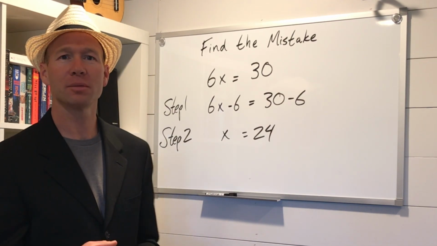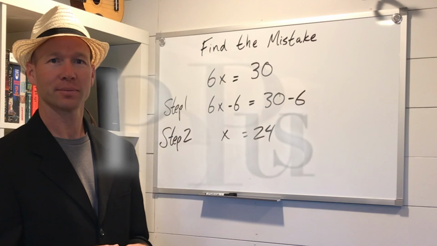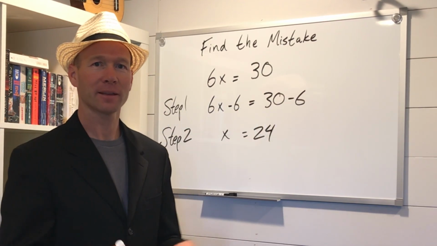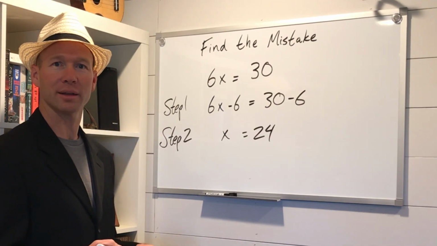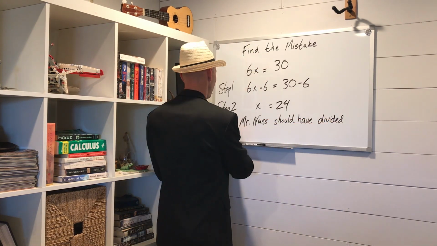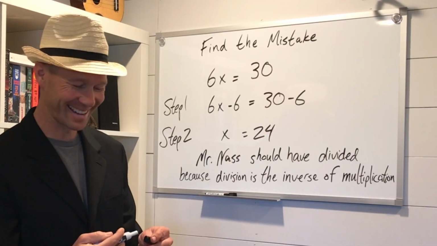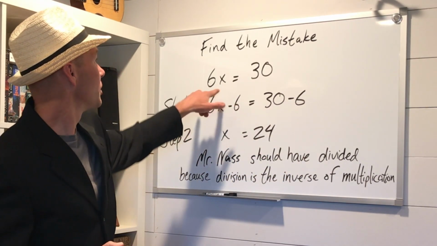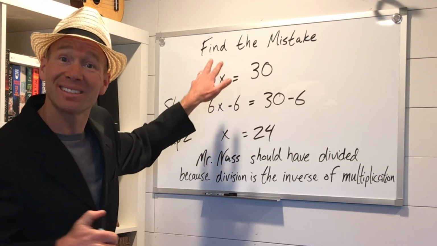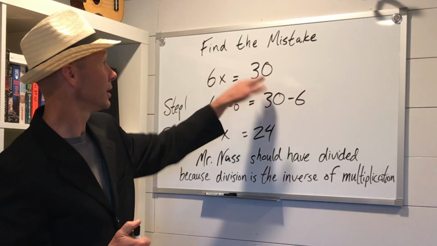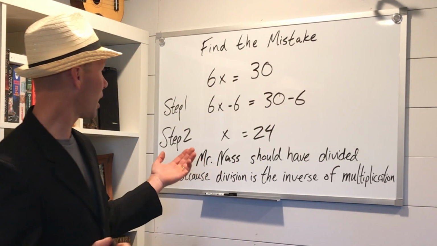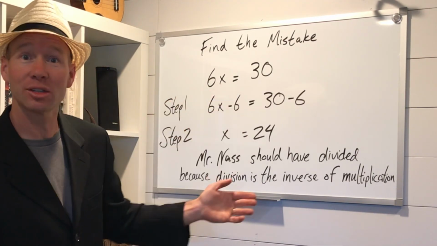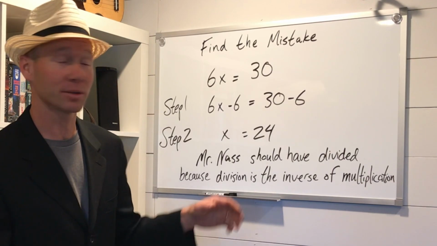What do you think my mistake was? Okay, so what was my mistake? What sentence did you write? Did you write something like that? That's right, because Mr. Nass should have divided. Because we have 6x, which means 6 times x equals 30. We can't subtract. Subtraction is not the inverse of multiplication. Division is the inverse of multiplication.